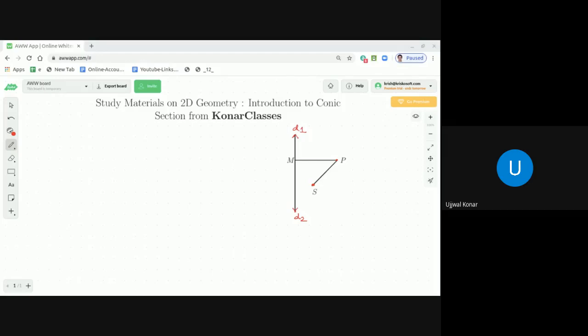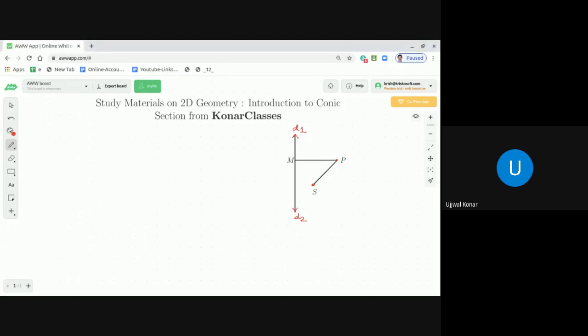That means the straight line D1, D2 should not pass through the point S. If this condition holds true, so I repeat once more, SP by PM is constant.